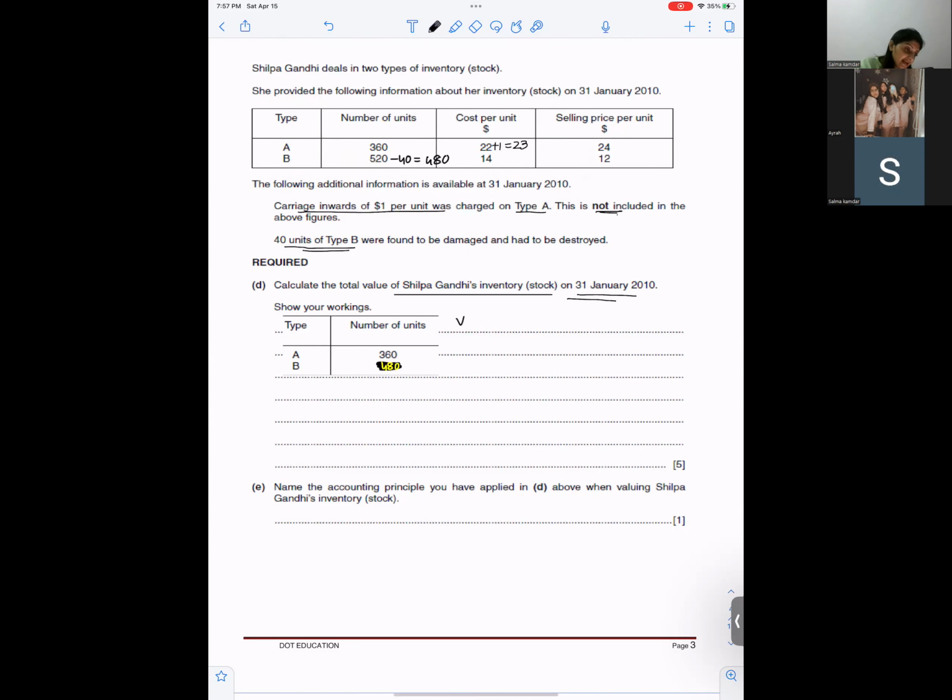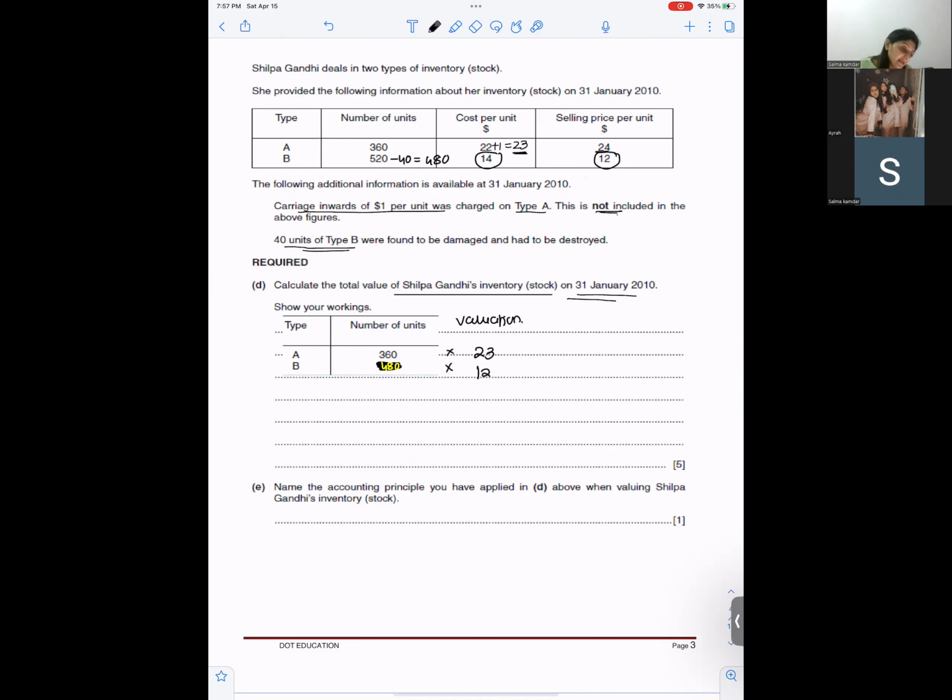Now you have to do the valuation. Type A: 360 into 23. First give me the amount. 23 or 24? 23. And for type B, 480 into 12. 12.